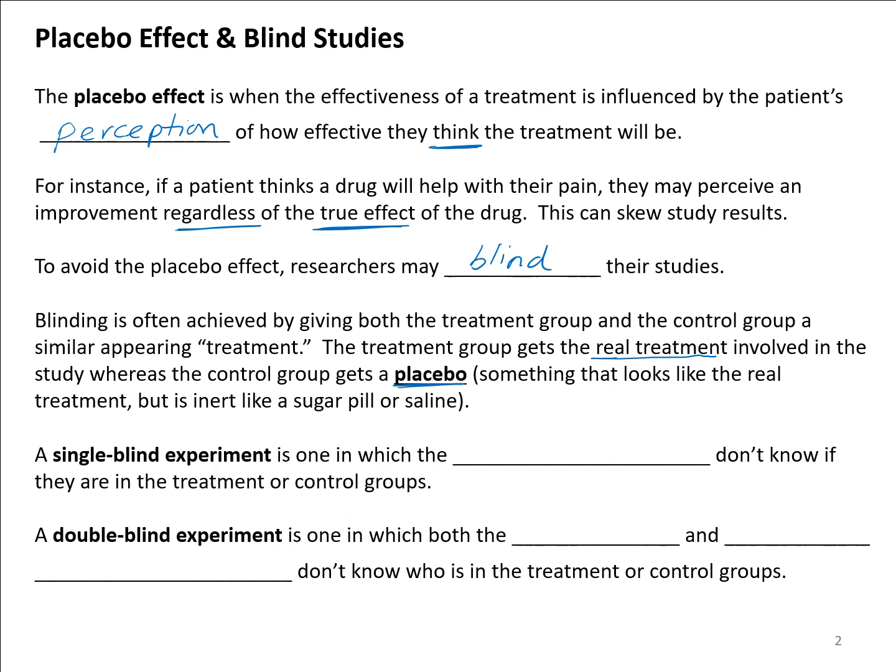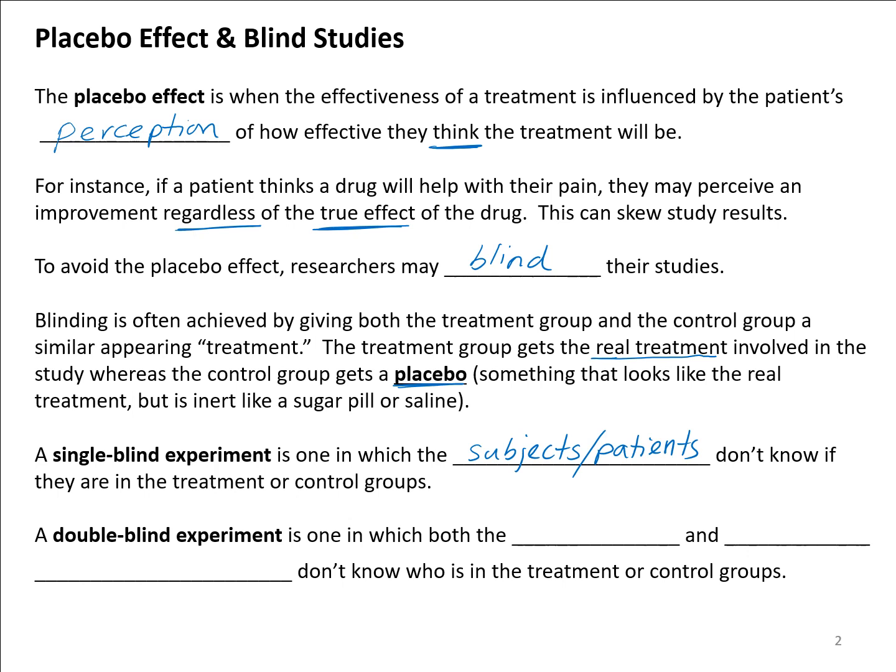So a single blind experiment is one in which the subjects, or maybe the patients involved, don't know if they're in the treatment or the control groups. So they are blind to whether they are getting the placebo or the real drug.